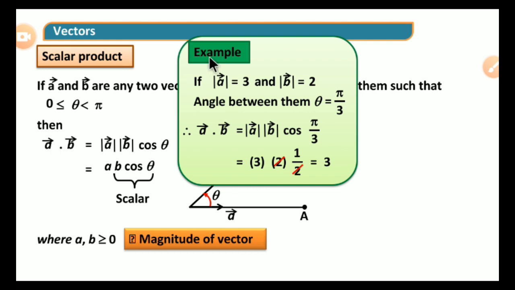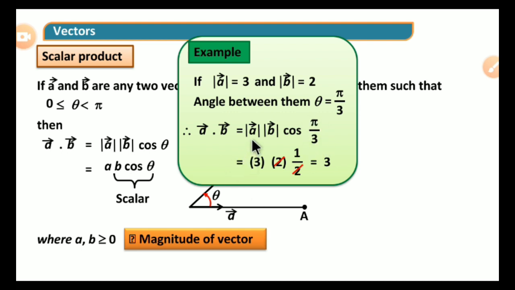Here we can see one example. If magnitude of vector A is equal to 3 and magnitude of vector B is equal to 2, and the angle between them theta equals pi by 3. Therefore, A vector dot B vector is equal to magnitude of A into magnitude of B into cos pi by 3, because theta is pi by 3. So we can replace theta by pi by 3.